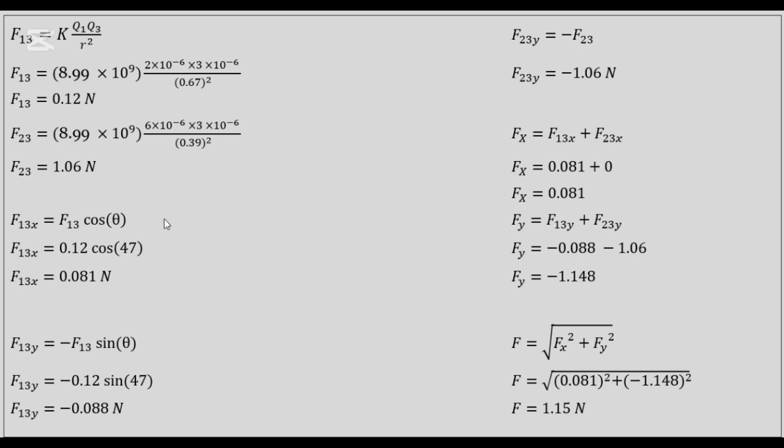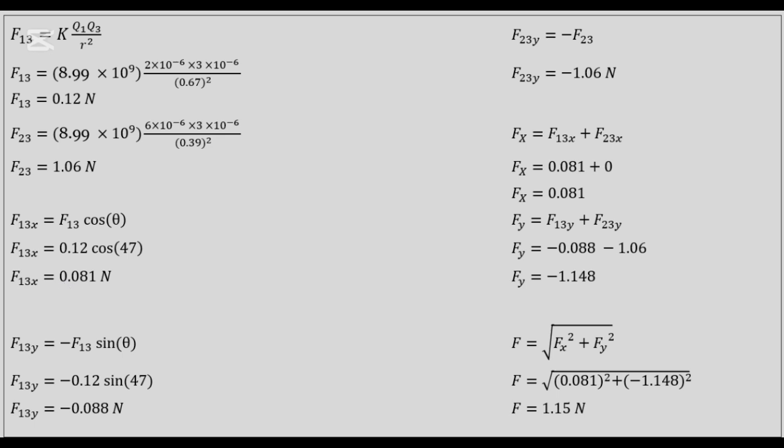Now, after getting the main forces, we come into the resolution. So F13x is equal to F13 cos theta. So you substitute F13 that we calculated here, which is equal to 0.12, then the angle, which is 47. You compute, and our F13x is equal to 0.081 newtons.